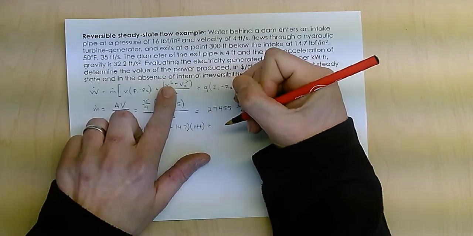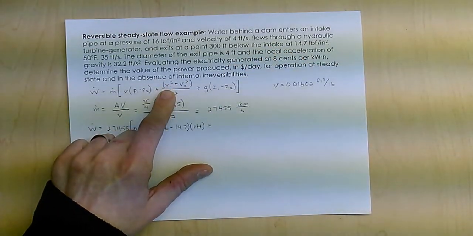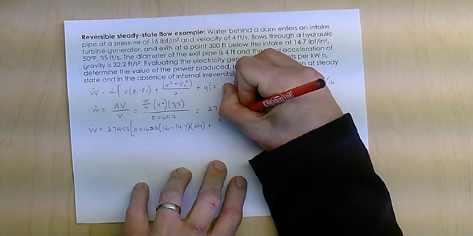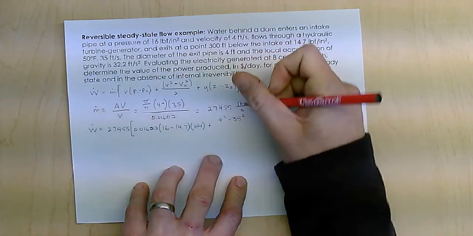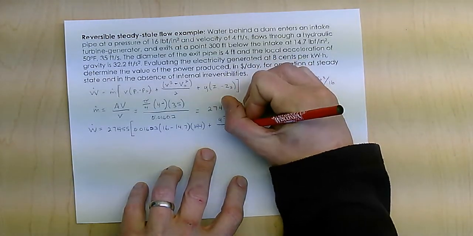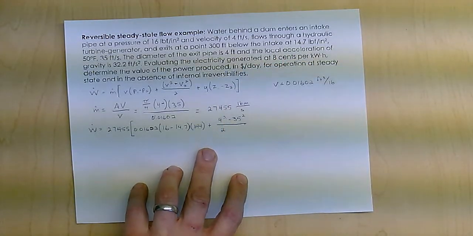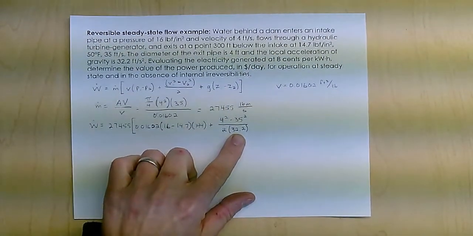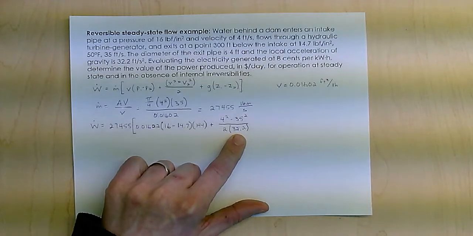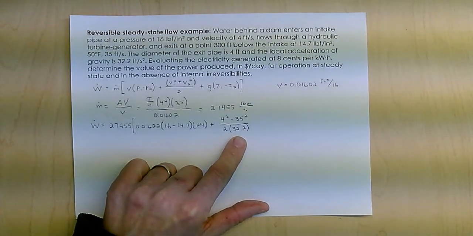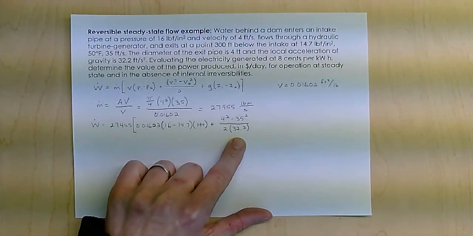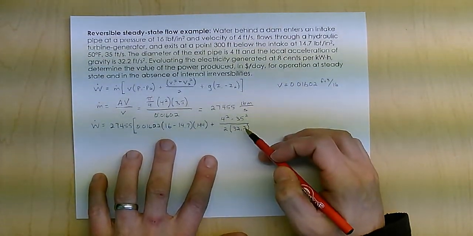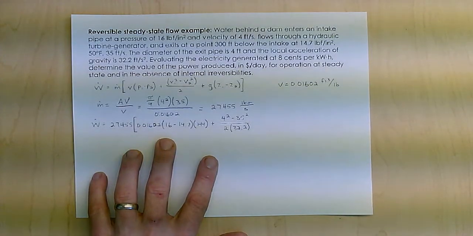Okay, plus the velocity squared difference, which is going to be 4 squared minus 35 squared. These are feet squared per second squared. I will refer you to the book to find this relationship, but I use that gravity, which is going to be pounds force per pound mass, or pounds force feet per second squared equals a pound mass. What this does is it puts everything in foot-pounds for me, which is what I'm ultimately looking for.